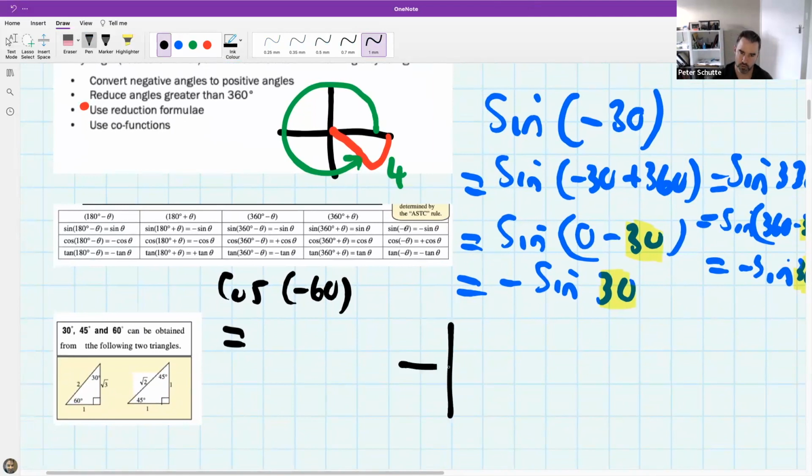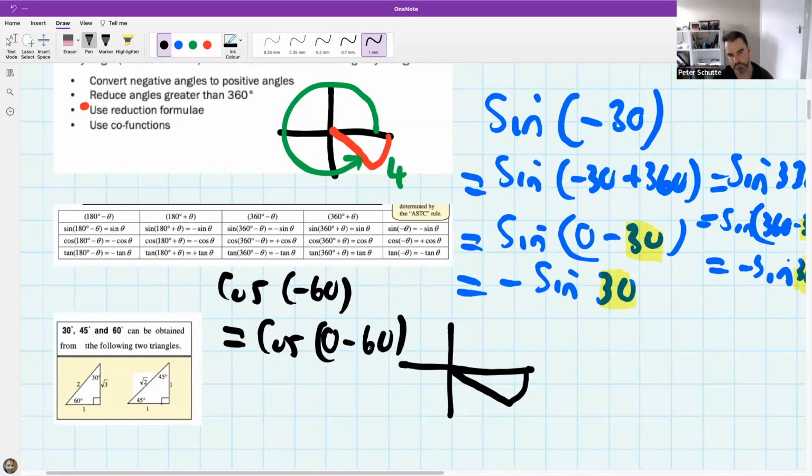Ask yourself, what quadrant are you in? It's going to be positive, and then we get positive cos 60. I just used the 0 because 0 is the nearest horizontal.